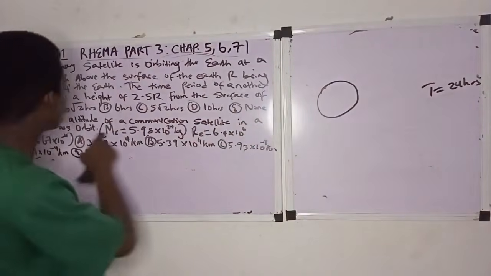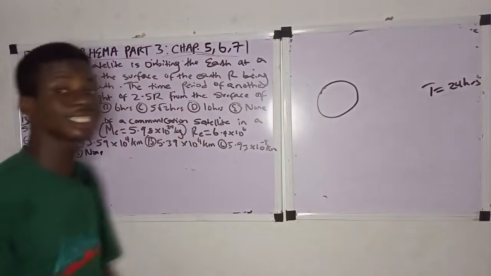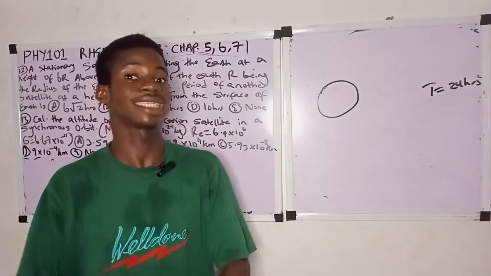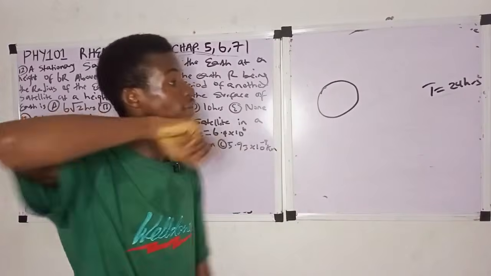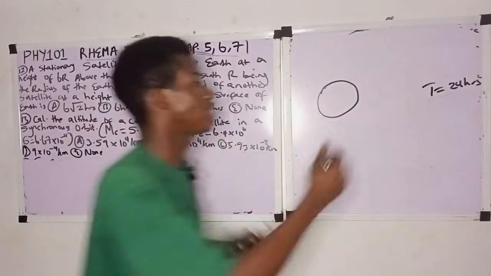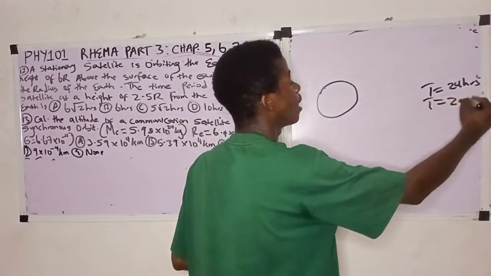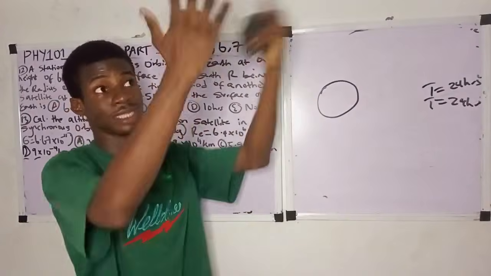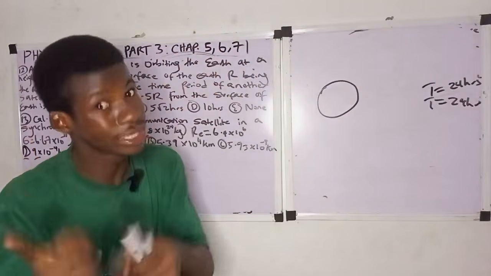Now a synchronous orbit is a type of orbit carried out by a satellite whose orbital period is still 24 hours. If you view those satellites from the Earth, you find out that they appear stationary, but they are not stationary.